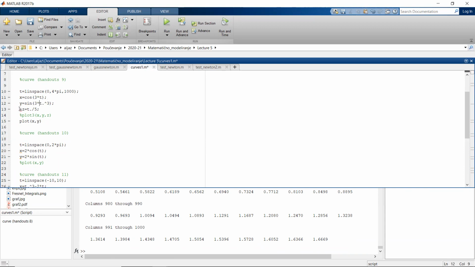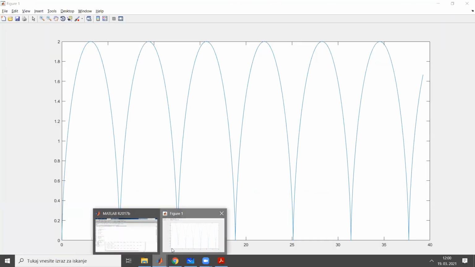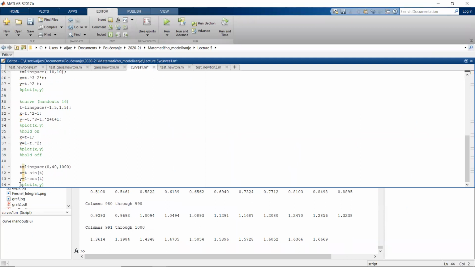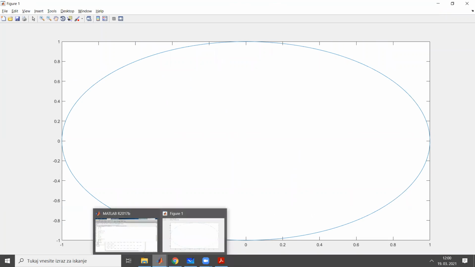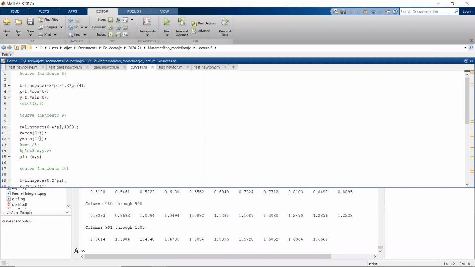Let's see if this will be a nice picture. So I have to comment out this. Yeah, so now it looks nice. Before it looked like it's not smooth. And let's try with t to the power of 3.